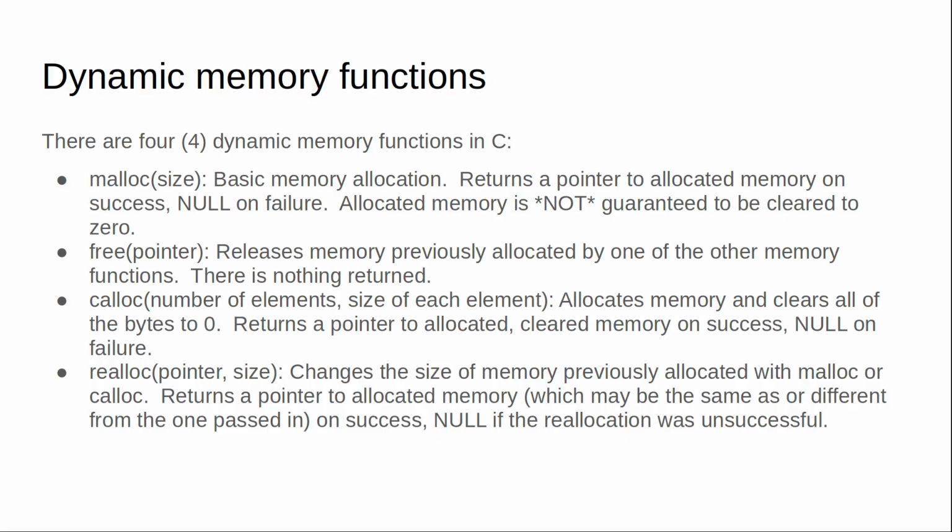All right, realloc changes the size of memory that was previously allocated with malloc or calloc. It returns a pointer to allocated memory which may or may not be the same as what you passed in on success. Okay, and just like all the other memory functions, it returns null if the reallocation was not successful. All right, let's talk about these more in detail.